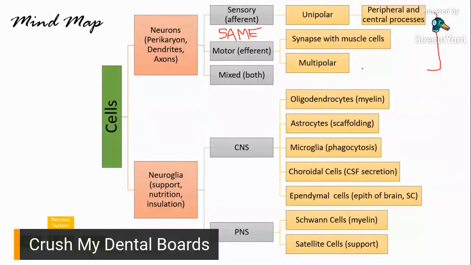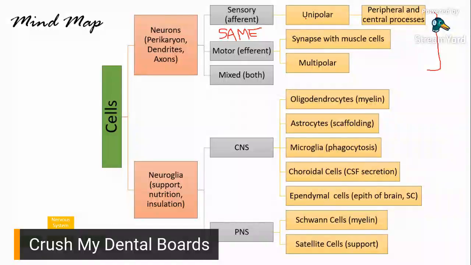And then we discussed the different types of neurons based on number of processes. We said there's unipolar, pseudo unipolar, bipolar cells, and of course we have multipolar cells. Now, I mentioned earlier, true unipolar cells do not exist in vertebrates.